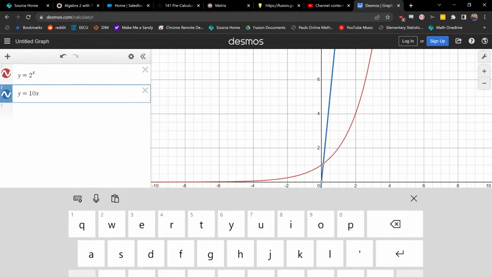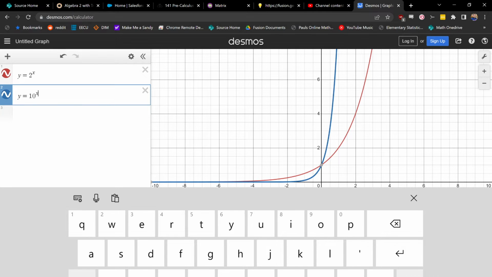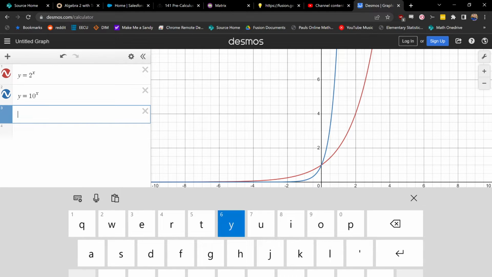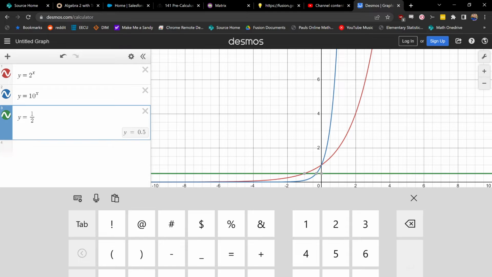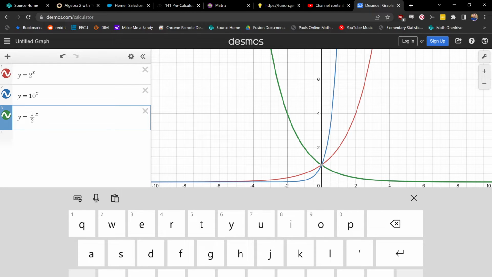Oh, whoops, no, that's not right. To the x. So it's sharper, exactly. Or if we did y equals 1/2 to the x, no, that's not going to work.